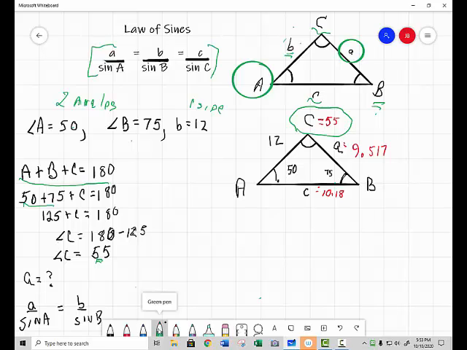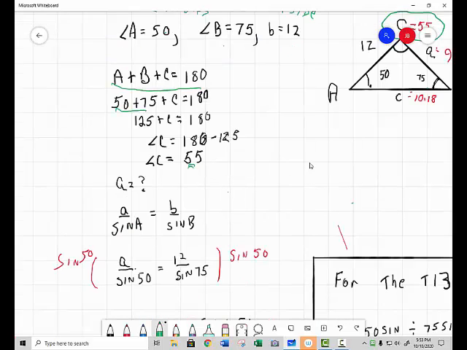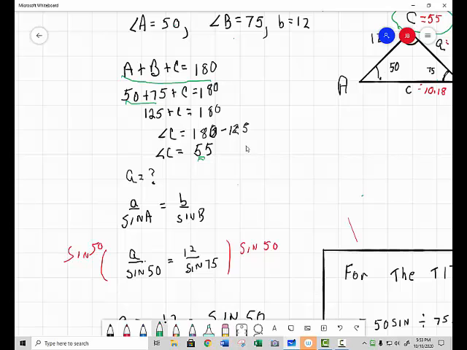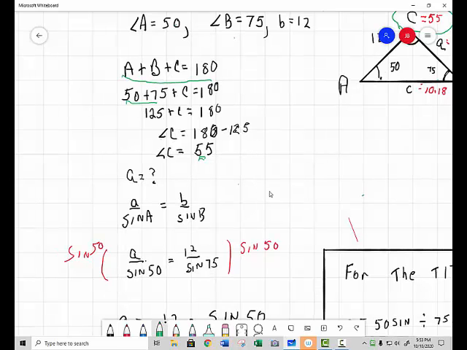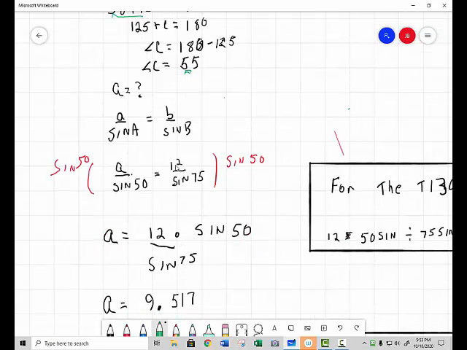All I have to do is figure out what A and C are. Well, what I can do is use that ratio. I know that angle A is 50 degrees, so A divided by the sine of 50 is the same thing as 12, which was the other side, divided by the sine of 75.